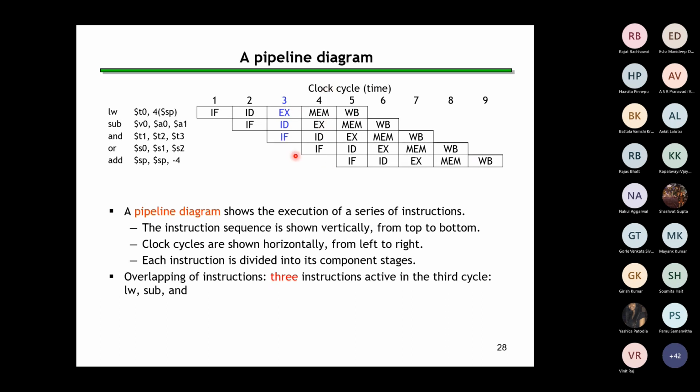For example, in the third clock cycle, 3 modules are busy: execute for the first instruction, ID for the second one, instruction fetch for the third one. So 3 instructions are being simultaneously executed by the system, and here portions of 5 instructions are being executed simultaneously.